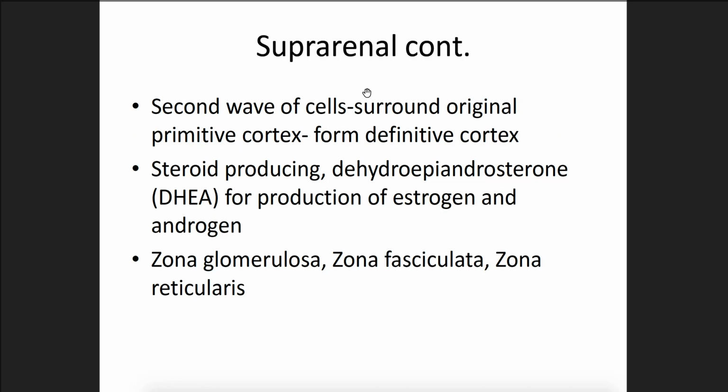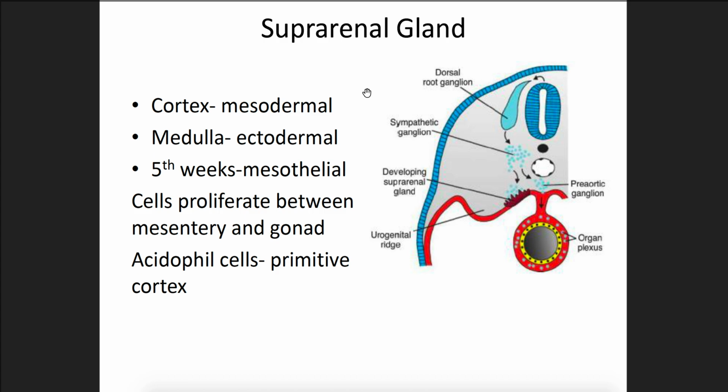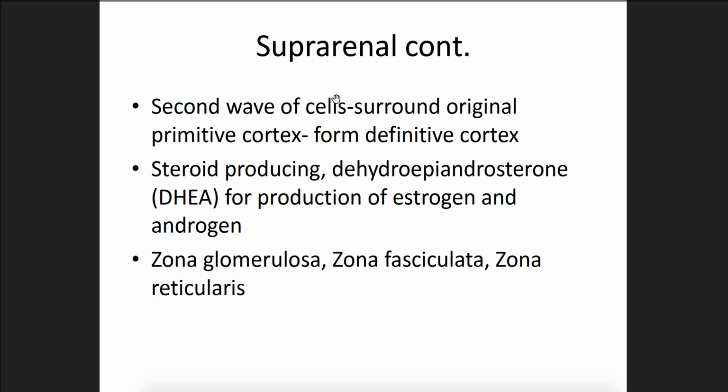We are talking about the cortex of the suprarenal gland. Initially, you have in the cortex acidophilic cells which will form the primitive cortex. Then a second wave of cells will form the definitive cortex. These cells will be smaller in size than the original acidophilic cells.